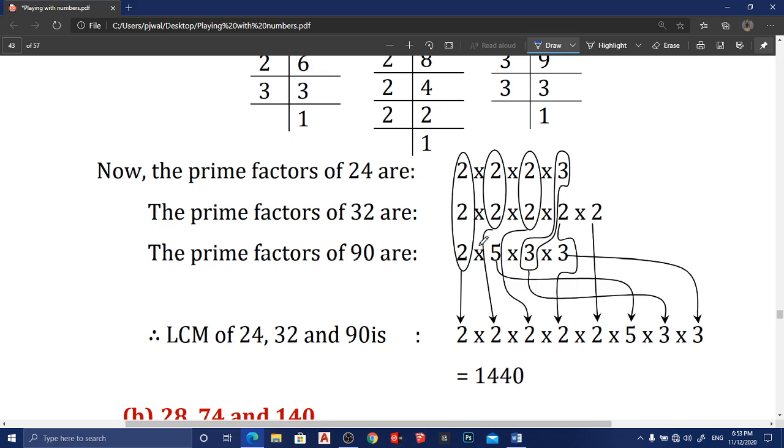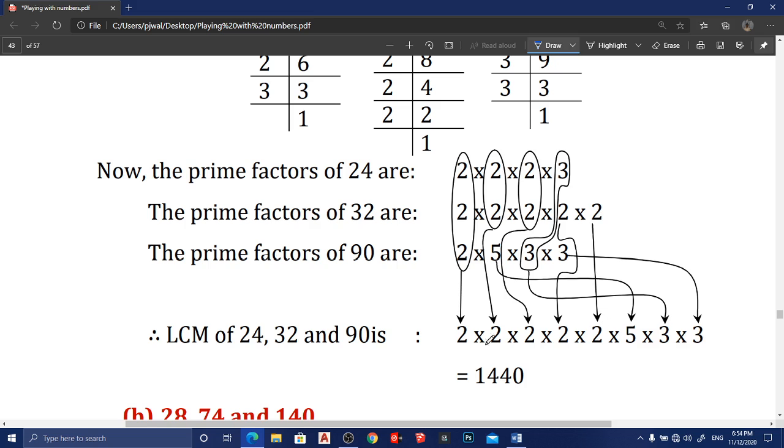So one out of these three numbers is this 2. One out of these two numbers is this 2, and one out of these two is this 2, and one out of these two 3s I am taking a single 3 here. And the remaining numbers which are not occurring 2 times, this 2 2, this 5 and 3, I am taking all these numbers as it is here.